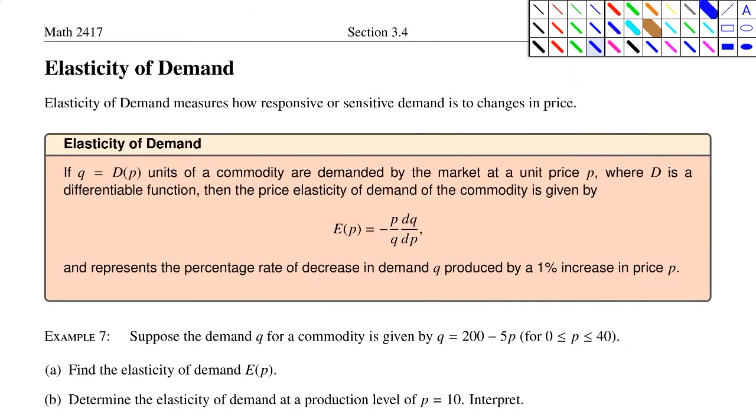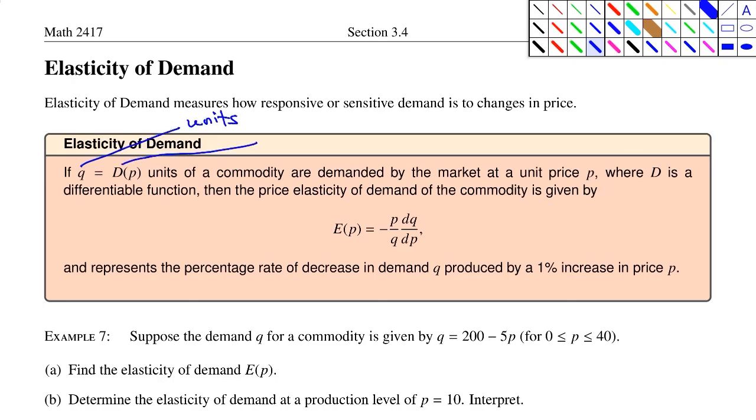Finally, we look at elasticity of demand. Elasticity of demand measures how responsive or sensitive demand is to the changes in price. And so the definition of elasticity of demand is here in the box. It says if Q is equal to D of P, units of a quantity are demanded by the market at a unit price of P. So Q is going to be the number of units demanded.